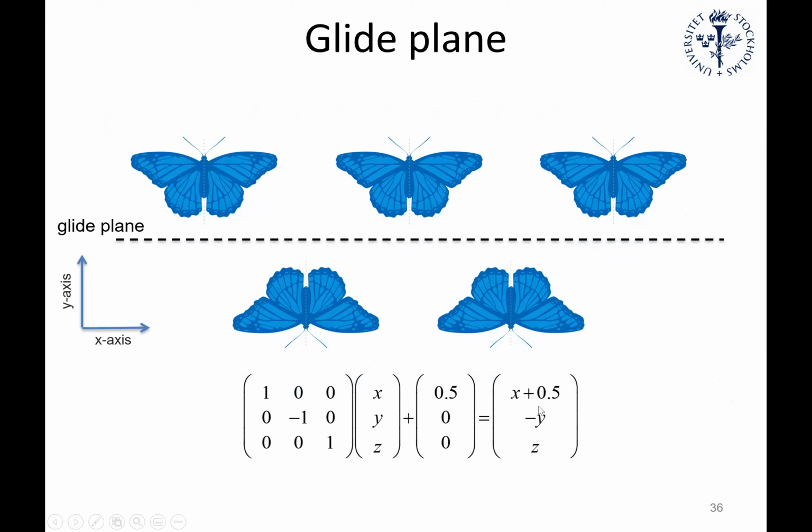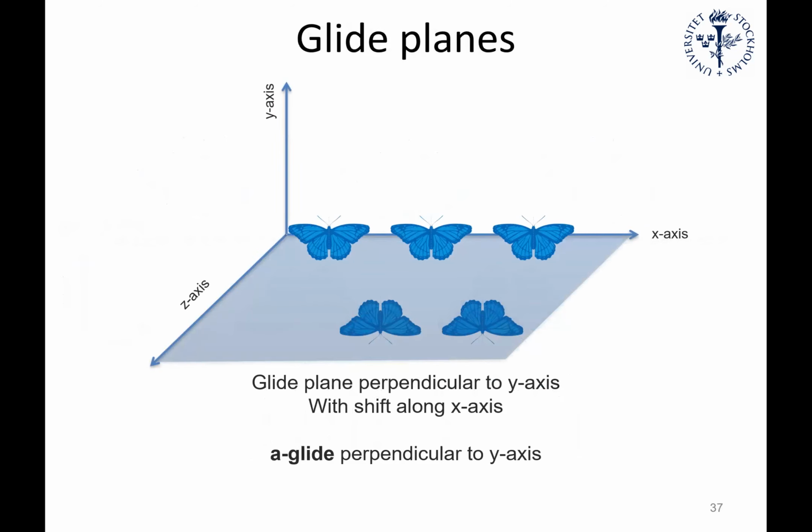So x plus a half, minus y, z, this is going to correspond to your glide plane. But in 3 dimensions, glide planes can become just a tiny bit more tricky because we can have different types of glide planes. The translational component can be in different directions. So we're going to cover these now.